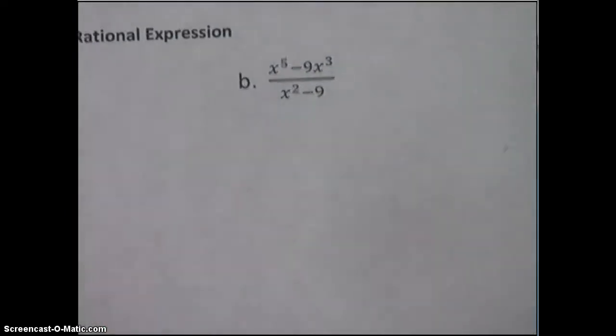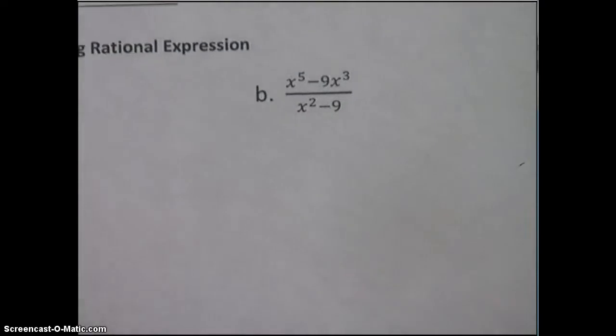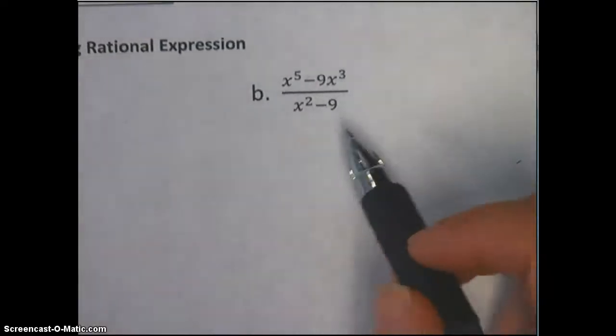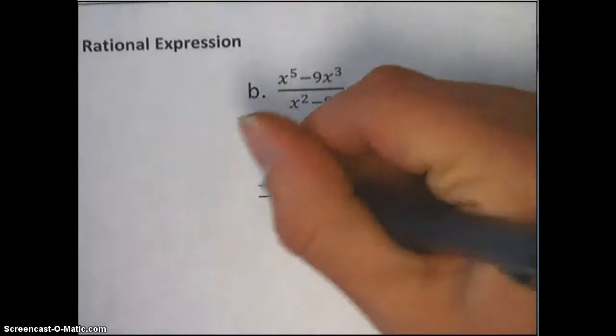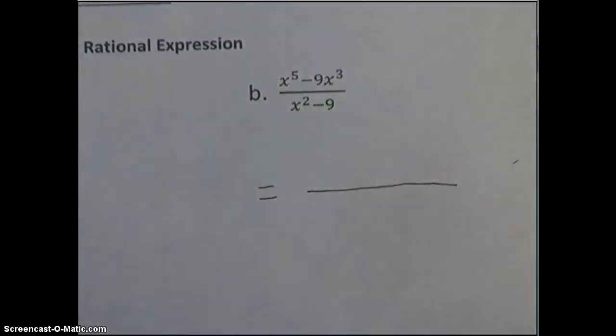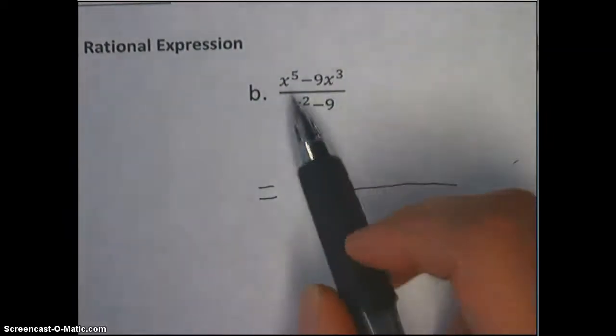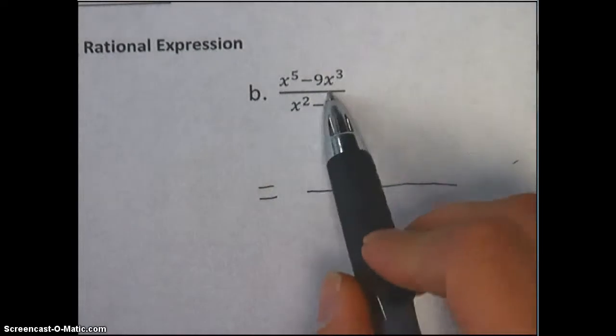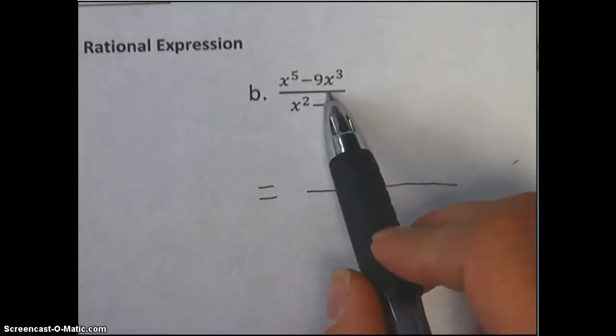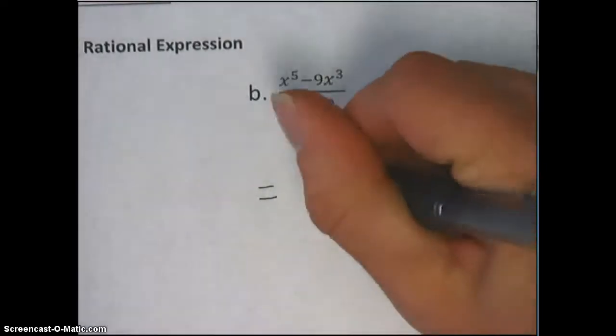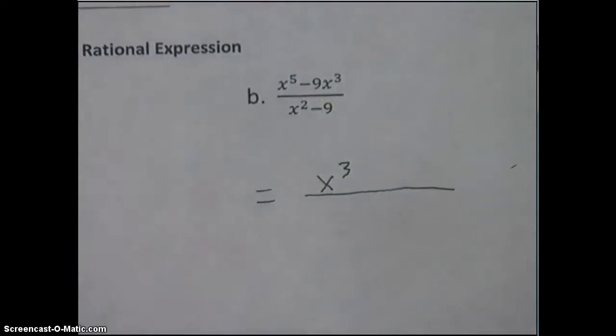X to the 5th minus 9x cubed divided by x squared minus 9. Well, this is a rational expression as well. On the top, we can take out the greatest common factor, right? So the greatest common factor between x to the 5th and negative 9x cubed, well, I hope you see it is x cubed. So I'm going to factor out an x cubed there.